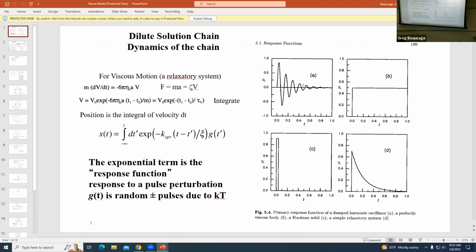You pop it, and it drones out, right? The thing that converts the popping you do to the position, or the response, is called the response function. For the simple viscous relaxation system we're talking about, that's an exponential decay. So that's this part D.